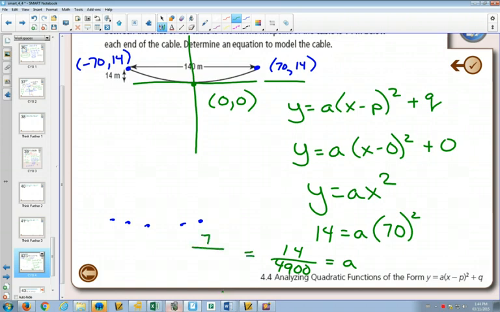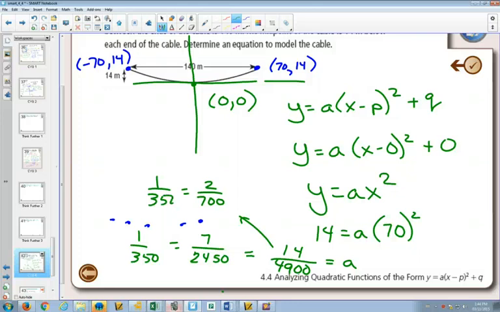That would give you 7 over, what would that be? Right? And then you might be in trouble here. You might have to go to your calculator, divide by 7. That becomes 1 over 350. You could have seen that both of these could divide by 7 first, and then you would get 2 over 700, which is easier to get to 1 over 350 than maybe the other way.